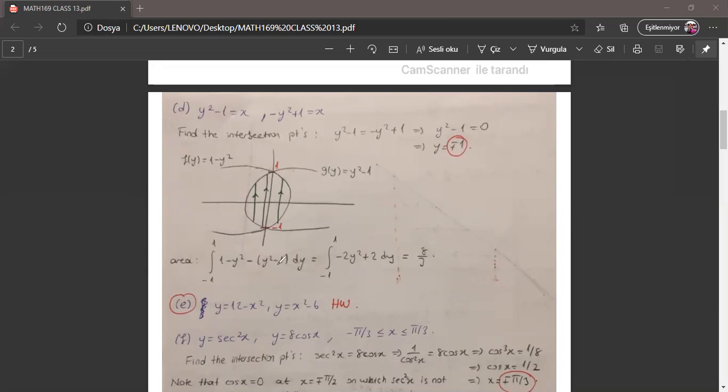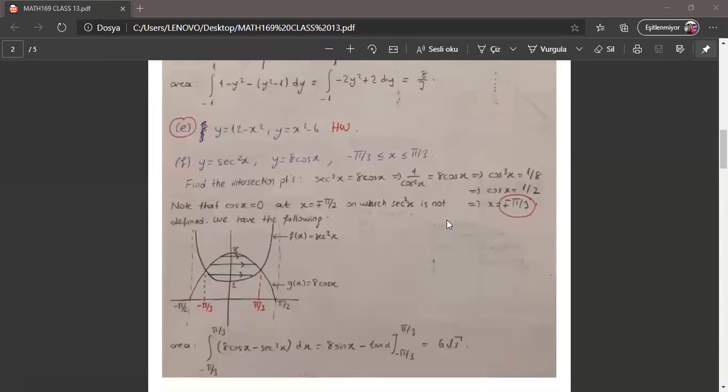We first write that, and then the second one. Okay. Now the boundaries are obviously minus 1 and 1. Here we have it. So the area is 8/3 then. So as you see, the only thing you need to do is to sketch the graphs, right, properly. Then find the intersection points. Then write the integral. Okay.